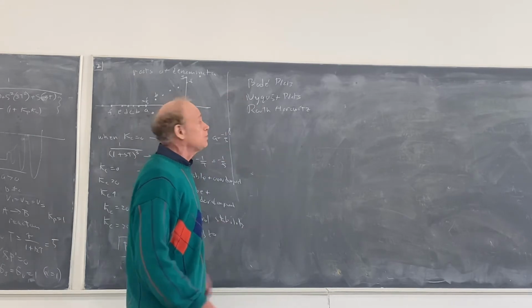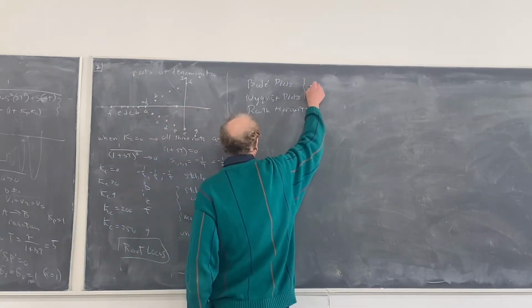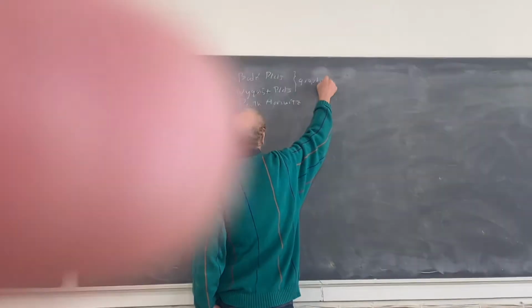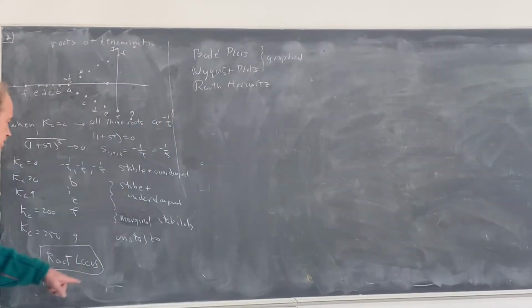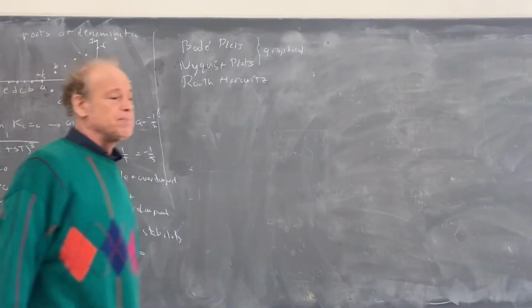The Bode plots and the Nyquist plots are graphical, whereas Routh-Hurwitz and root locus are computational.